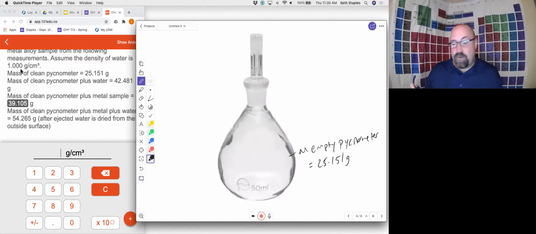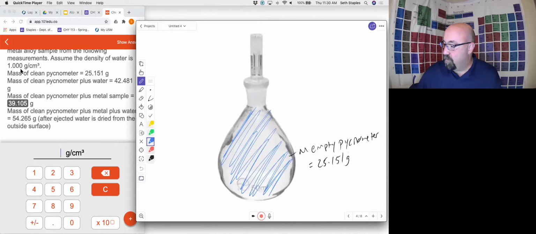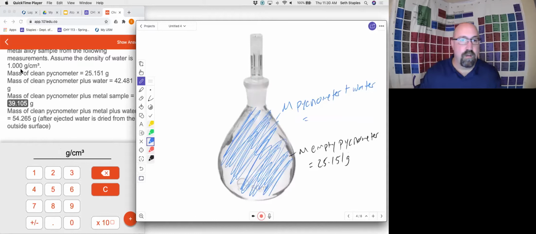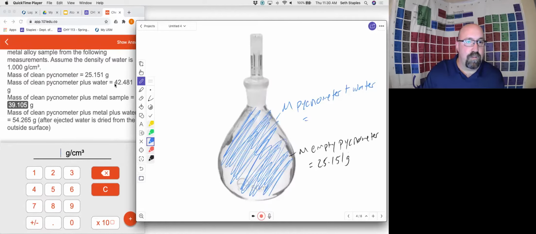We're also given the mass of the pycnometer plus the water in there. So the mass of the pycnometer plus water equals this 42.481 grams.